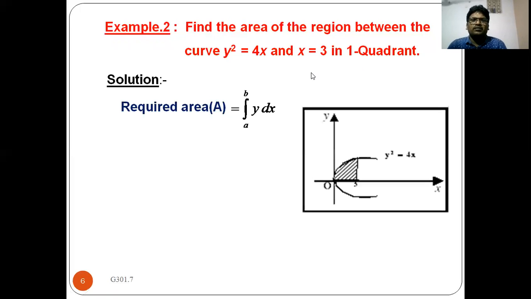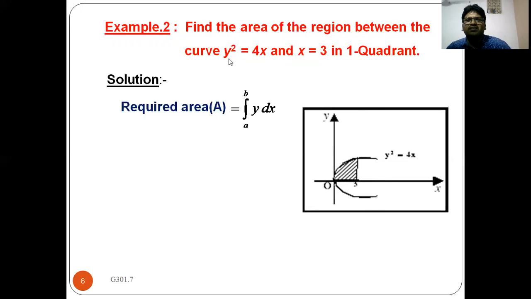See here, the solution. The required area A is equal to the integral from a to b of y dx. Here the y value is given. See this figure. Using the first quadrant, we have to draw this curve.